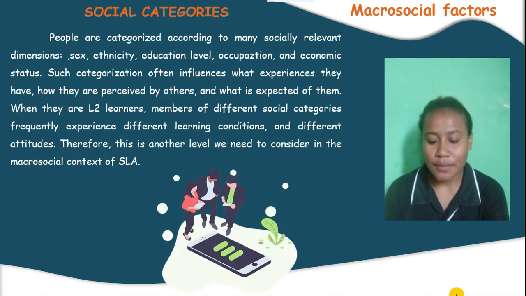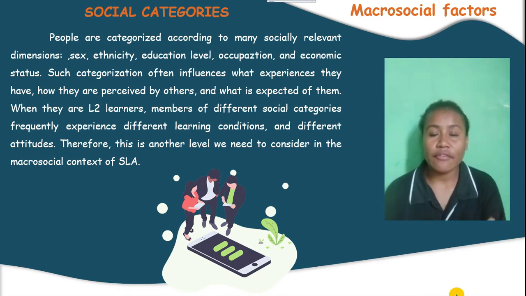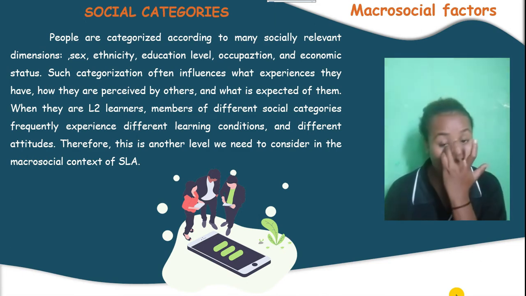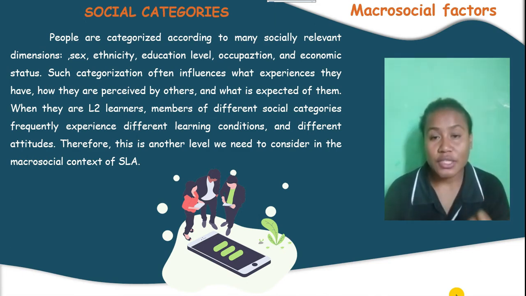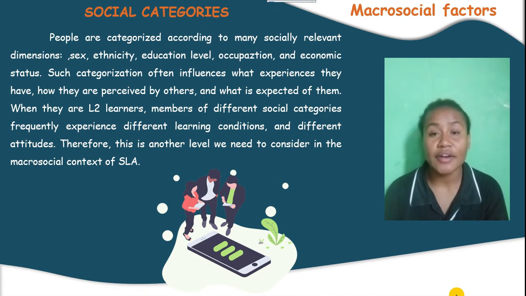Social categories. People are categorized according to many socially relevant dimensions. The first is sex, the second is ethnicity, the third is education level, occupation, and economic status. Such categorization often influences what experiences they have, how they are perceived by others, and what is expected of them.